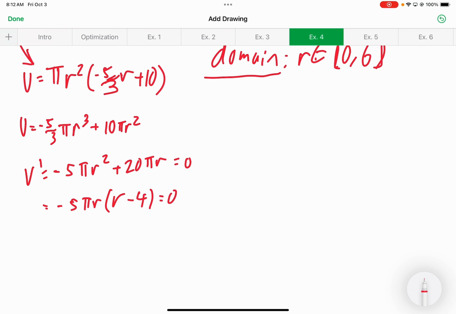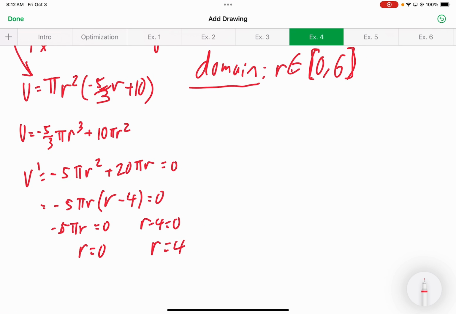Yeah, okay. But at least it ends up solving nicely. So negative 5 pi r equals 0, and r minus 4 equals 0. So I get that r equals 0 and r equals 4. So our optimum situation is that my radius is going to be 4.